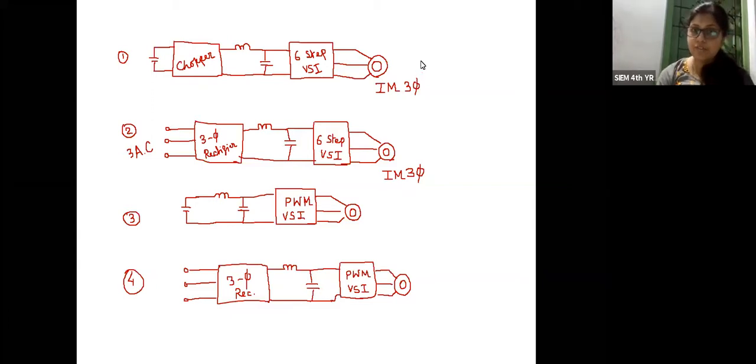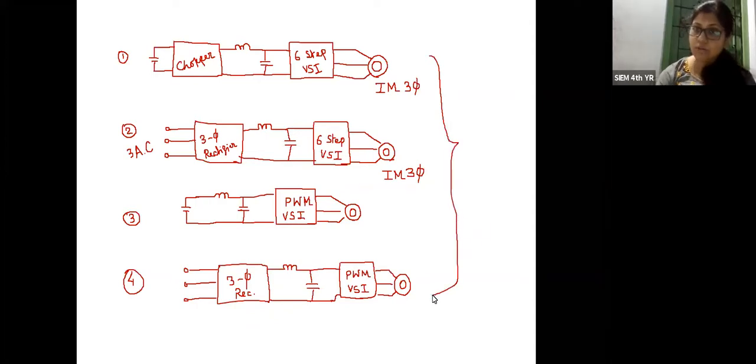So there are four types of design aspects. We can choose any one to design this voltage source inverter fed induction motor drive.